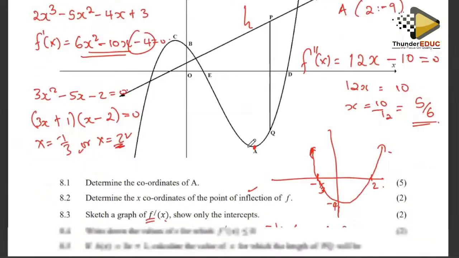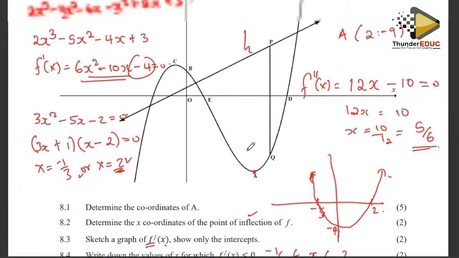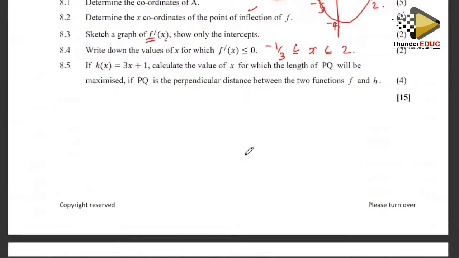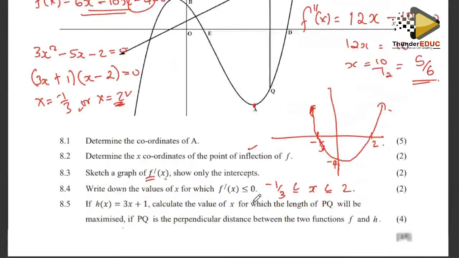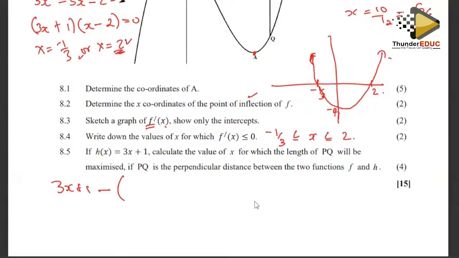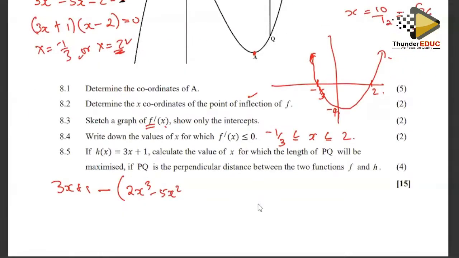Okay, so for us to get the distance between the two, remember, we need to start by subtracting. Which graph is above is the h. Meaning that's going to be the 3x plus 1 minus our quadratic, which is 2x cubed minus 5x squared minus 4x plus 3.